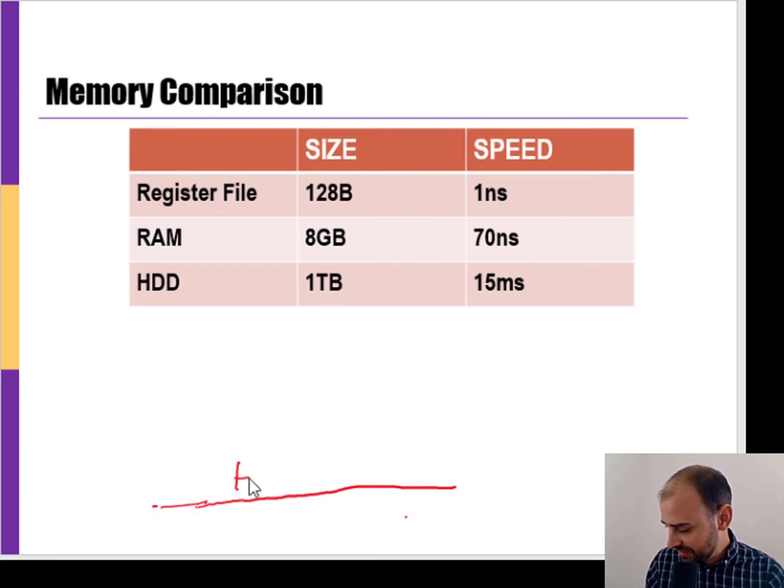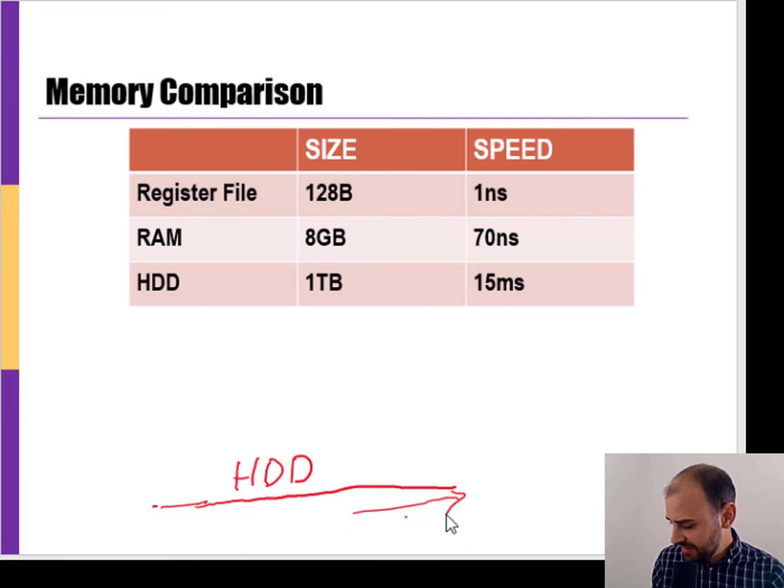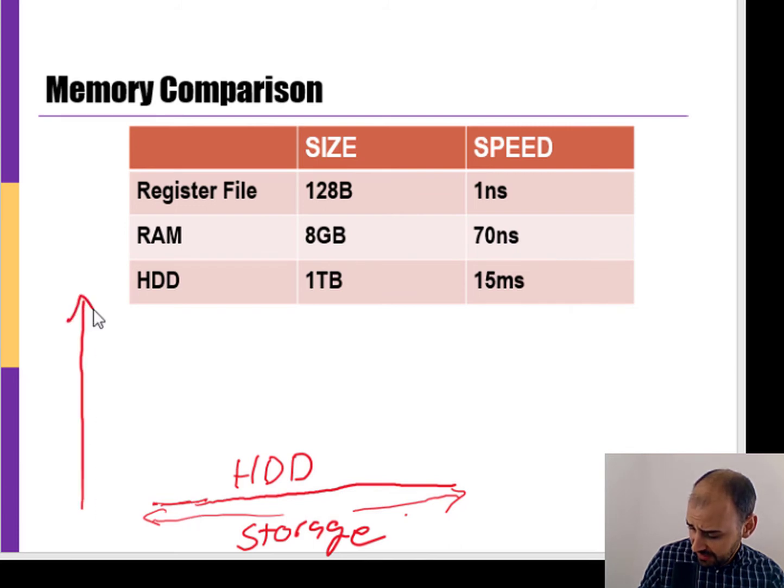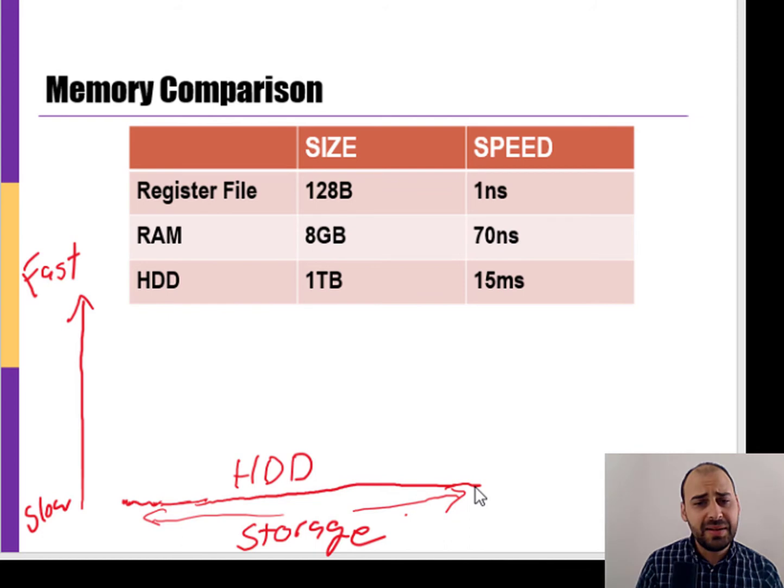So if this is your hard drive, and this is the amount of storage, okay, it's quite large. If we look at the speed here from being fast to slow, I drew the hard drive at the bottom because it's slow in comparison.